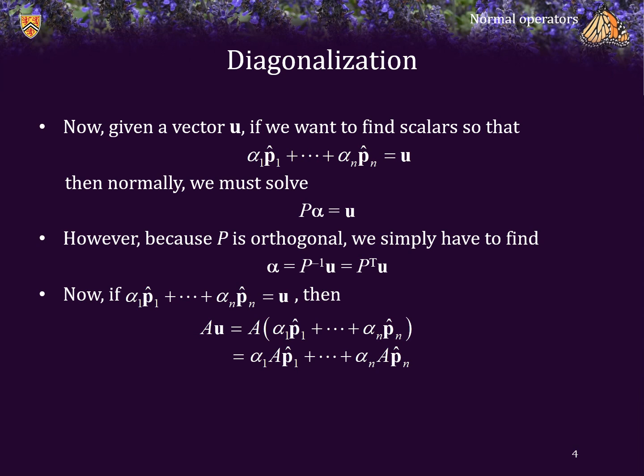But all of those vectors are eigenvectors, and so consequently A applied to the kth eigenvector is equal to lambda sub k times the kth eigenvector. Okay, so that's actually quite nice.